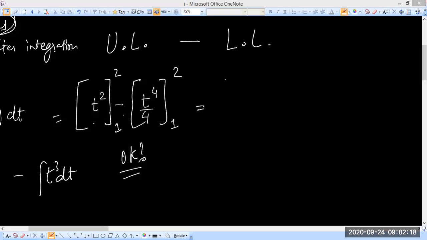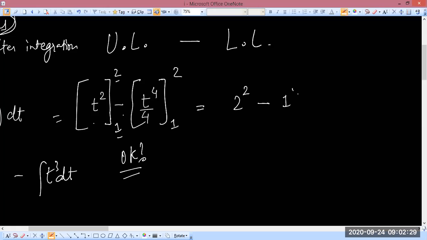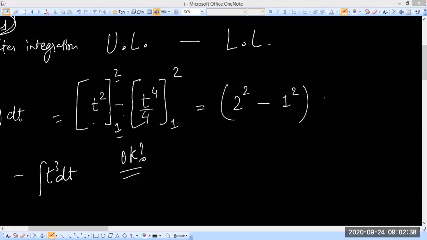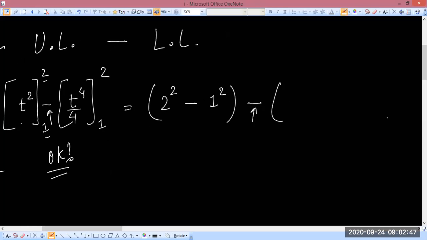Now let's put values. So first of all, we have to put t equal to 2, so 2 square. Then compulsorily put a minus sign. Then 1 square. Minus. Now this minus is this one. Final, that is upper limit 2.